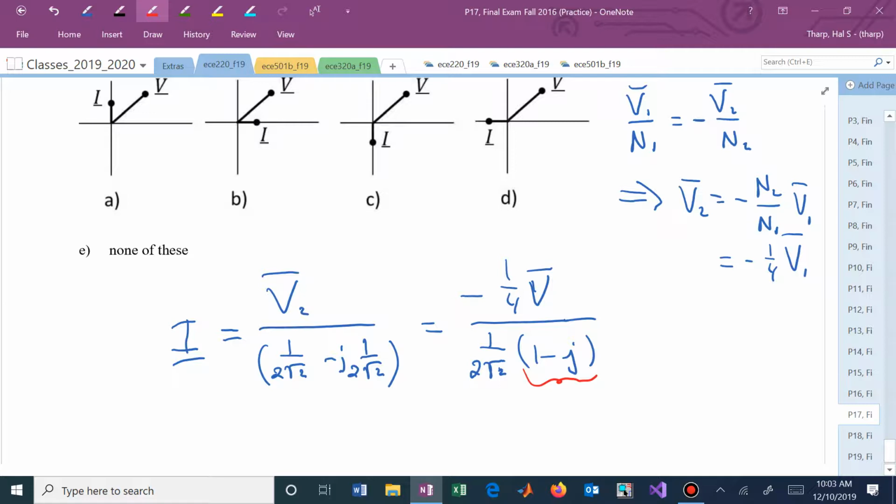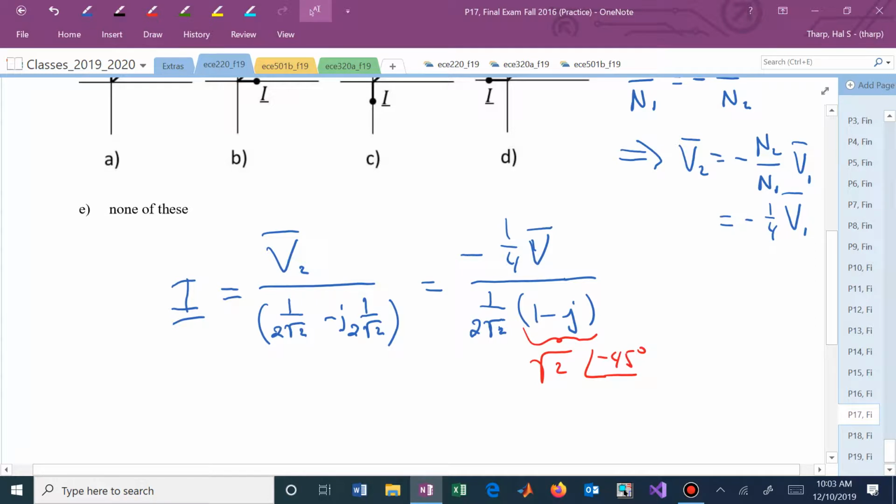My angle is minus 45, and my hypotenuse is 1 squared plus 1 squared, square rooted. And it's not maybe very clean, but that square root of 2 cancels that square root of 2 in the denominator.